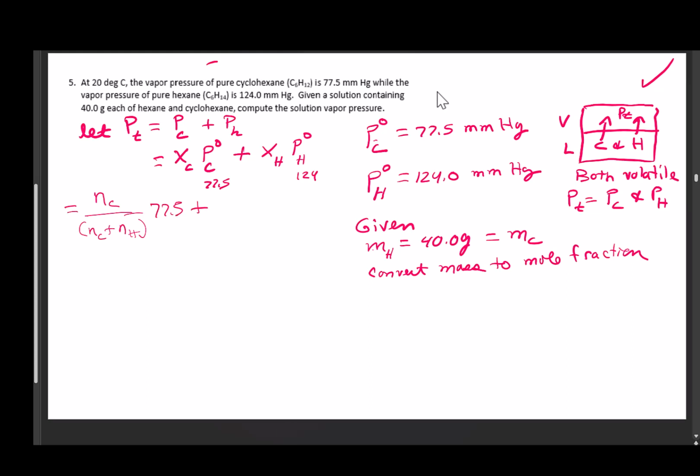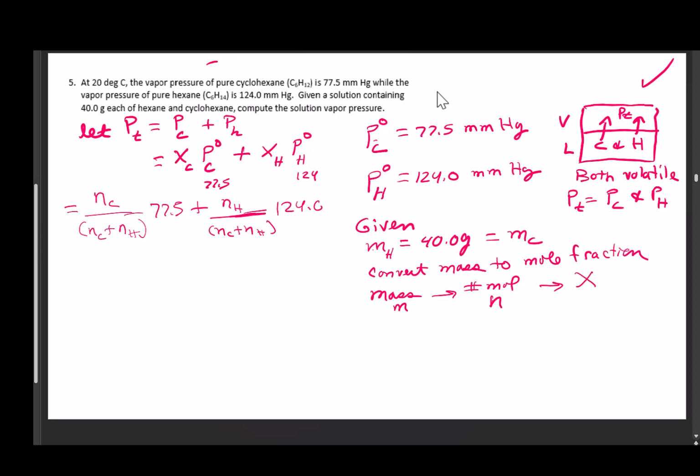And then the second term would be number of moles of hexane over total number of moles times that number there. We're still not there though, because again, we're given mass, we're not given moles. So what we're going to do is take mass, m, convert to number of moles, N, plug them into this equation, and then convert that to mole fractions.